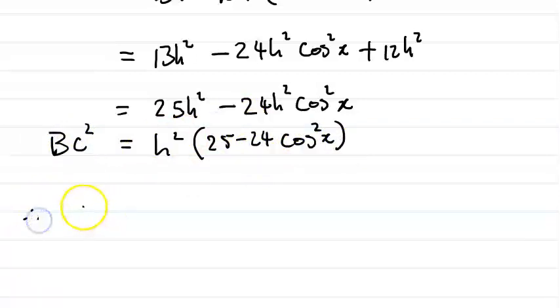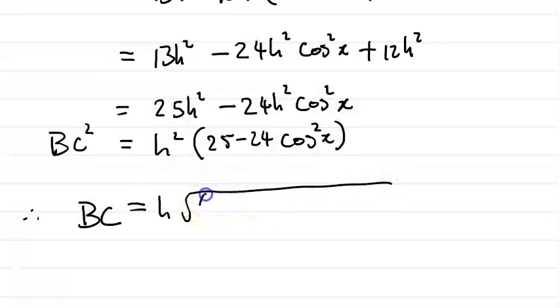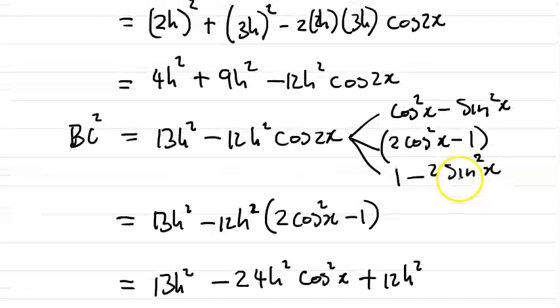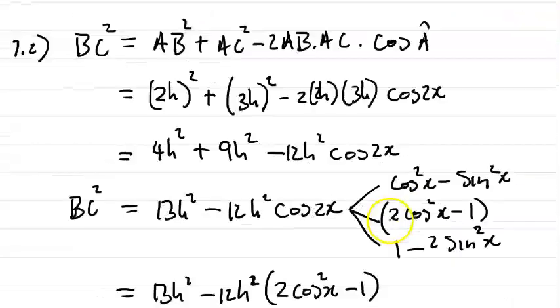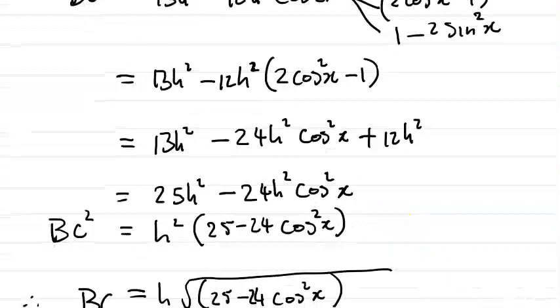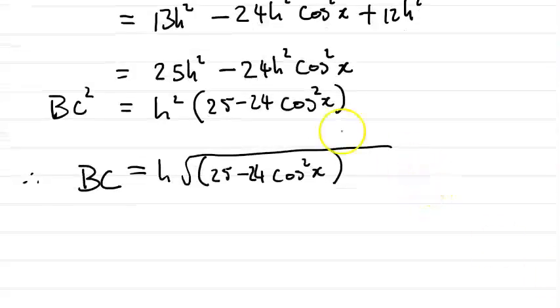So therefore, if we take the square root of both sides, we are going to be left with the square root of this whole thing here will give us h times the square root of 25 minus 24 cos squared x. Let's go and compare our answer with what was given. BC equals h times the square root of 25 minus 24 cos squared x. And as you can see, it is the same.